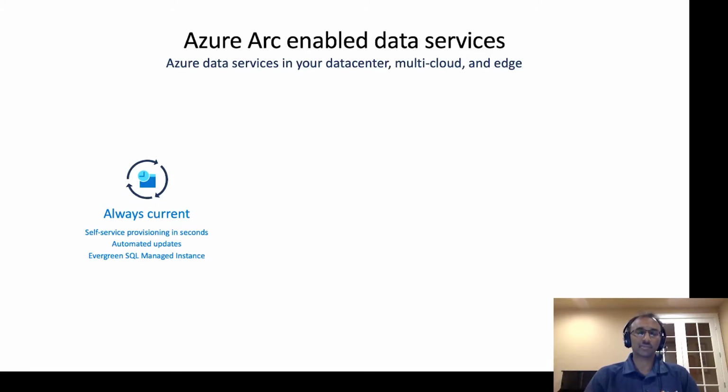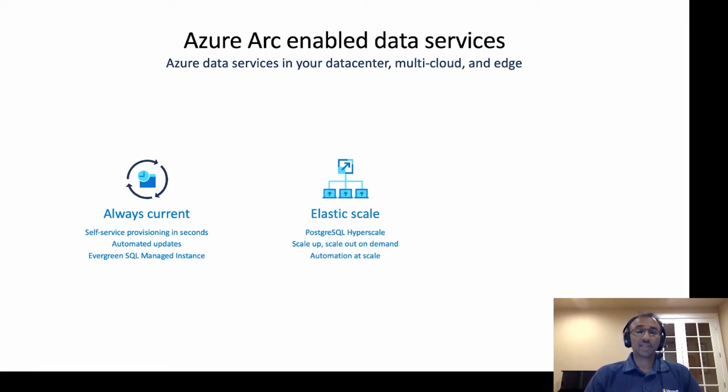Can the updates be automated? So you schedule a maintenance window and the updates automatically happen for you, right? These are capabilities we will provide with the data services. And in case of SQL, we'll also have this evergreen SQL instance. It's like the SQL PaaS offering, right?